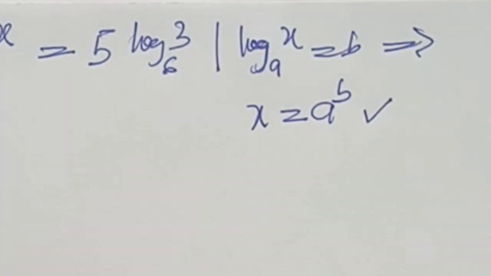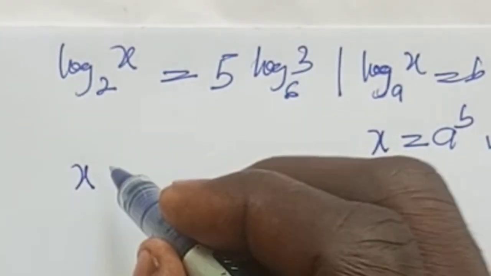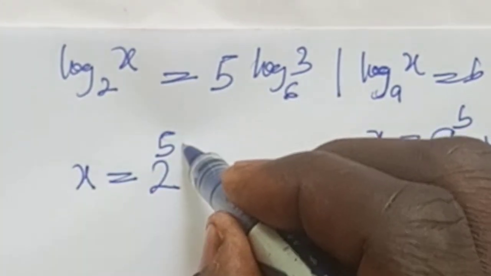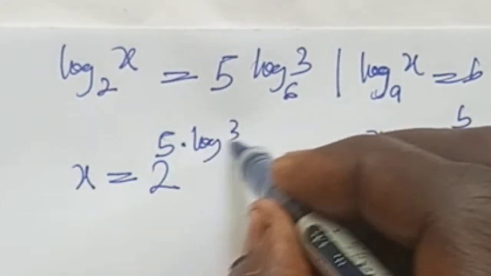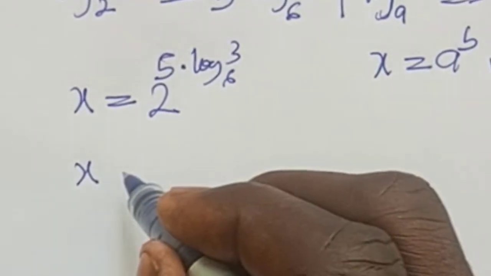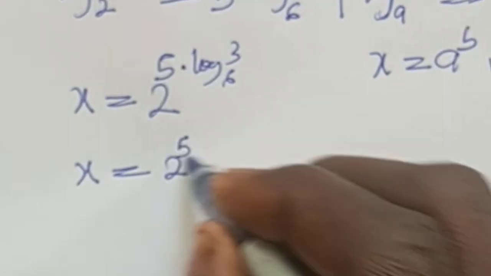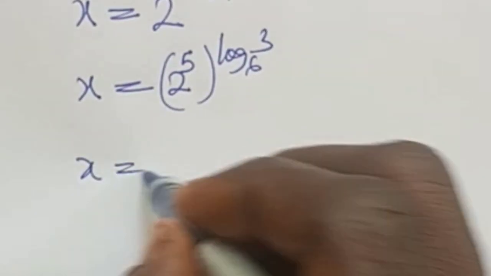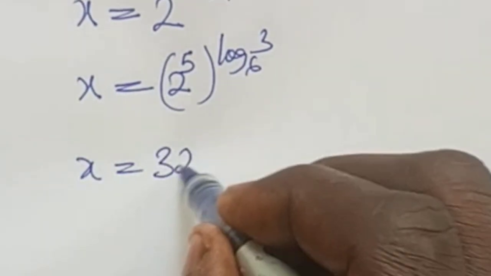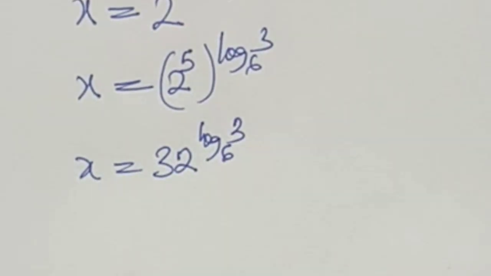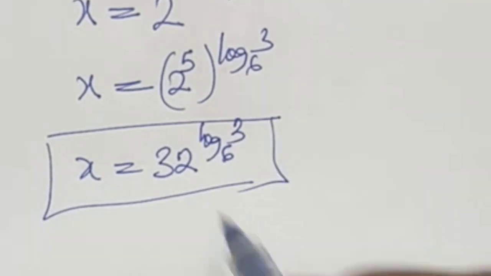And if we agree on this, here x becomes equal to 2 to the power of this part times log 3 base 6. And this can be written also as x equals 2 to the power of 5 to the power of log 3 base 6. And this is x equals 32 to the power of log 3 base 6. And these are the values for x.